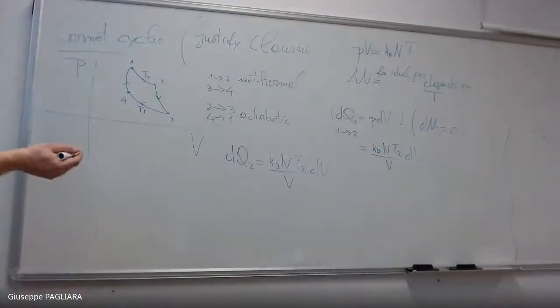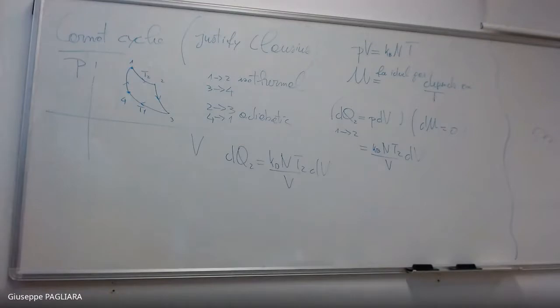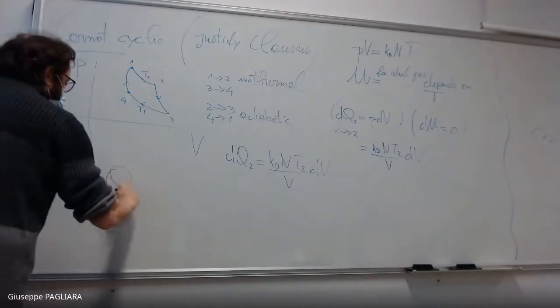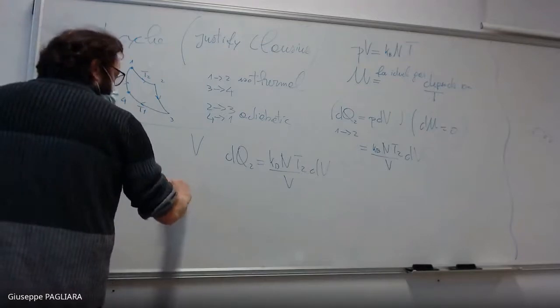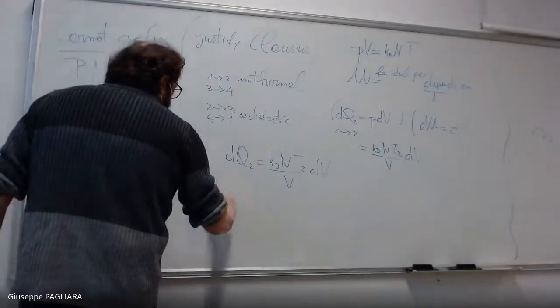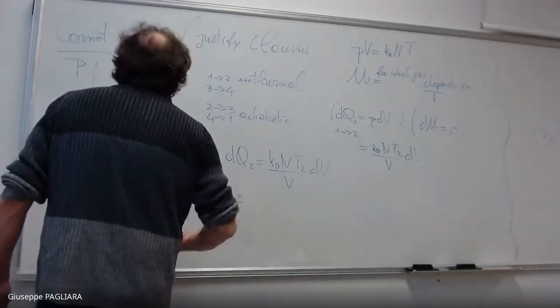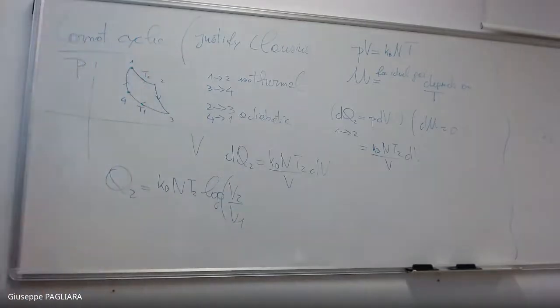And therefore, by integrating all over the path from 1 to 2, I get that Q2 is equal to KB n T2 logarithm of V2 divided by V1. Okay.